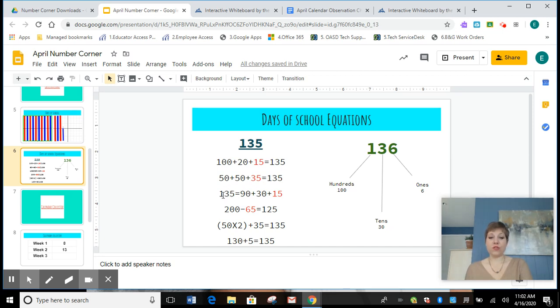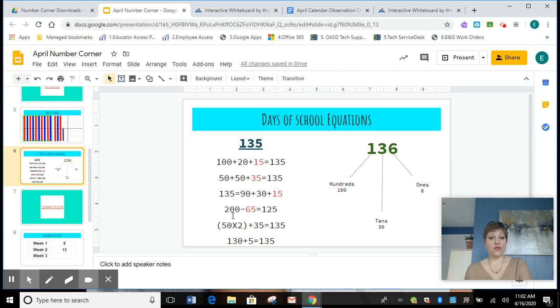If I want to get to 135 and I had 90 plus 30, well, I know that's a lot like 100 plus 20. I took a group of 10 from the 100 and gave it to the 20. So do you see how this is one group of 10 less and this is one group of 10 more than above? So I know this is going to equal 120 again, which means I need 15 more.